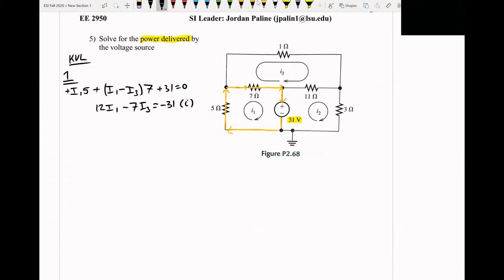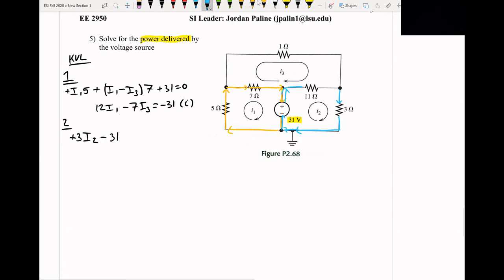If we look at the second equation, the second loop, we'll do something similar. We'll travel this way, and we will say plus 3I2, since we're traveling with I2. We'll come up through here. We'll hit the negative terminal of the battery, so we'll do negative 31.